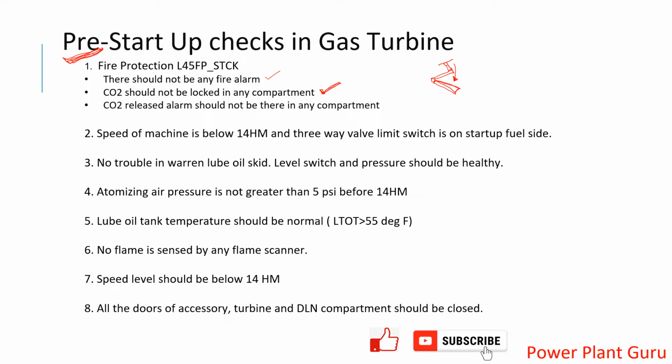Another thing is the CO2 released alarm. There should not be any case where any compartment's CO2 cylinders or CO2 bank shows that a discharge has already happened. Maybe it is a false signal also, but you need to check that there is no signal where CO2 is already exhausted. Maybe from the last shutdown or last event where the machine tripped, there may have been a CO2 flooding condition in the compartment.